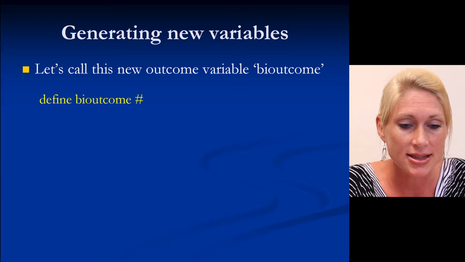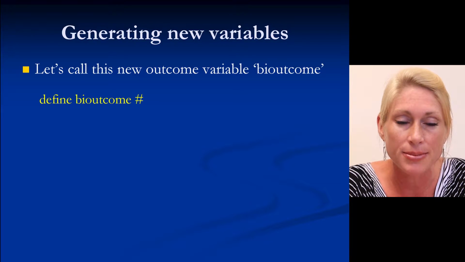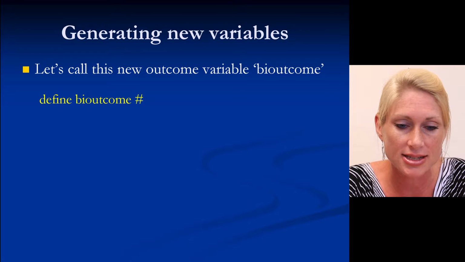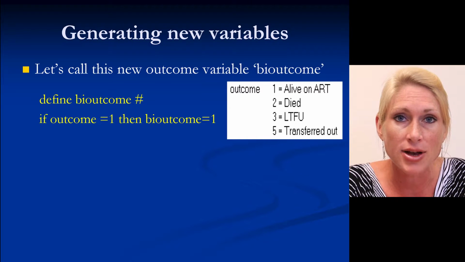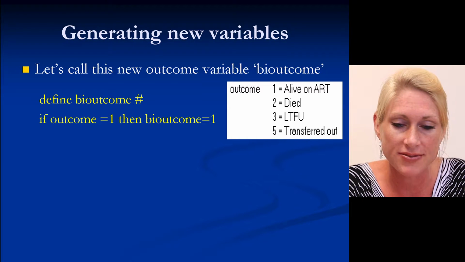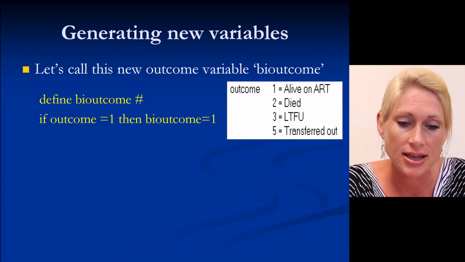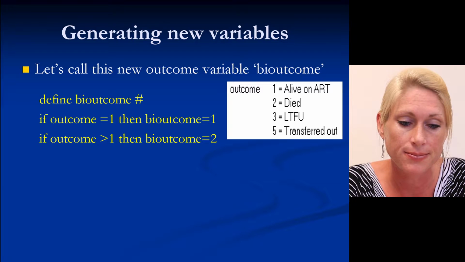So we create this outcome using the command define. Define bioutcome, it's going to be a numerical variable with a character length of 1, so 1 hash key symbol. And we're going to say if outcome is 1, in other words, if the patient is alive on ART, then we're going to give our new variable bioutcome the value 1.